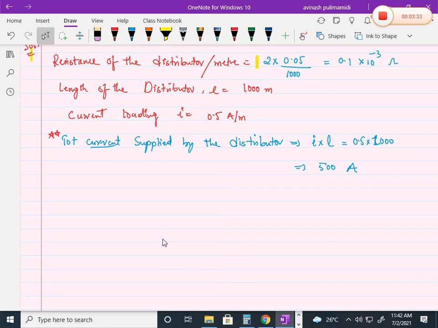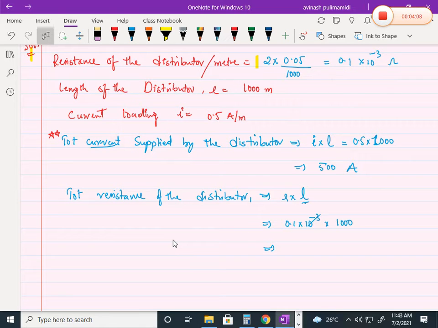Now the total resistance of the distributor is again small r into L. What is the resistance value we got here? 0.1 into 10 power minus 3 multiplied by L, which is 1000 meters.